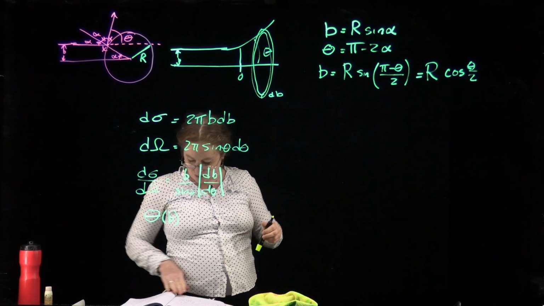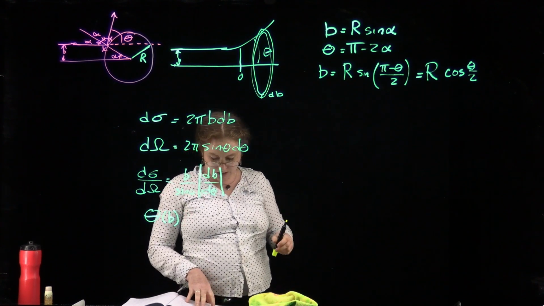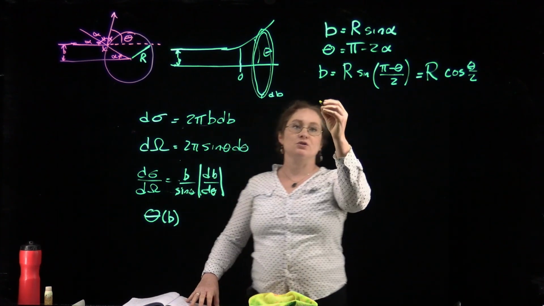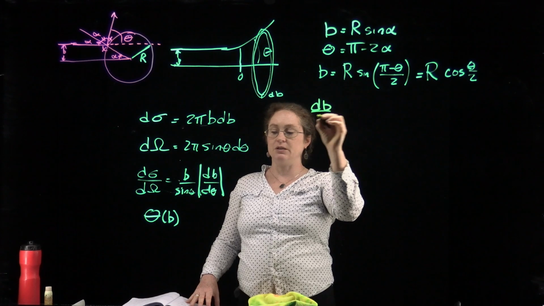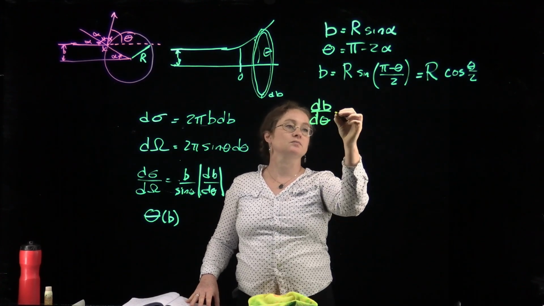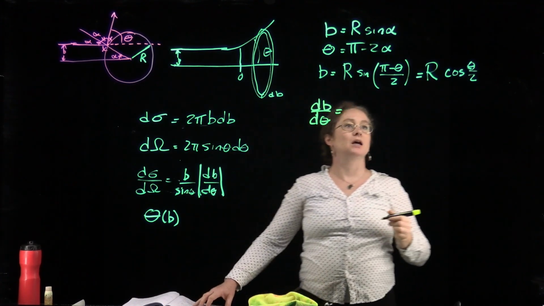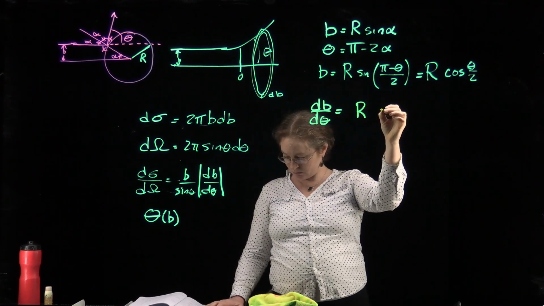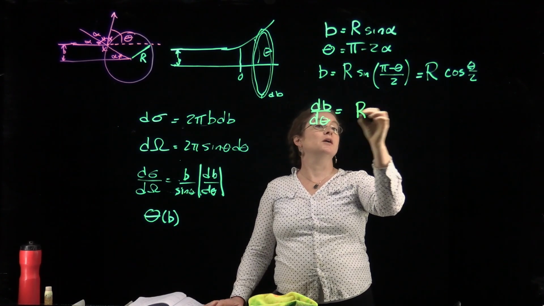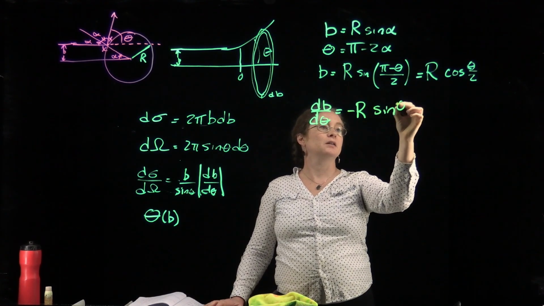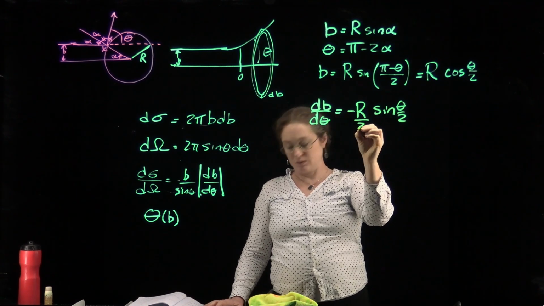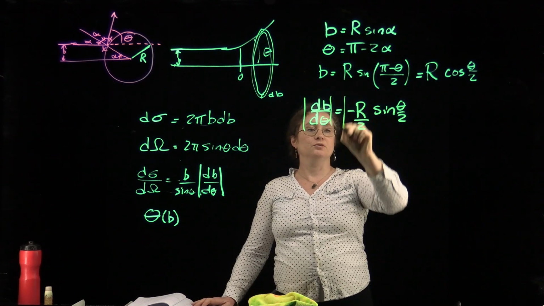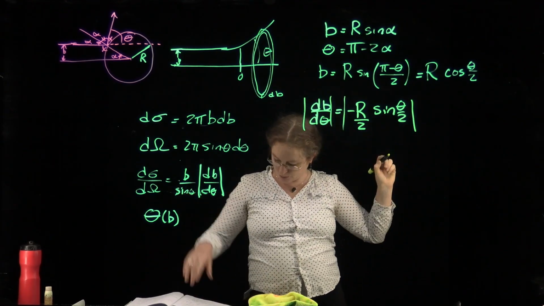So now I have b as a function of theta. So I can take the derivative db d theta, and I get r times negative sine theta over 2 divided by 2. And then I take the absolute value, and I put it in here.